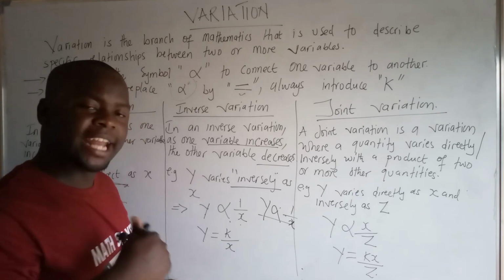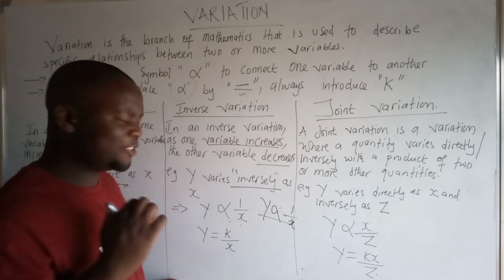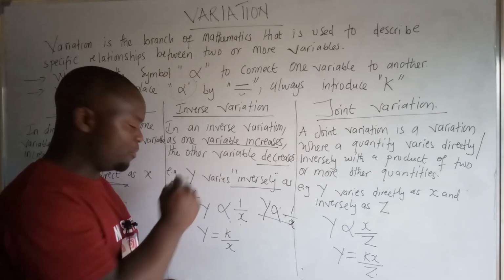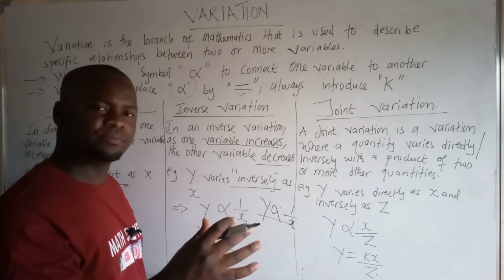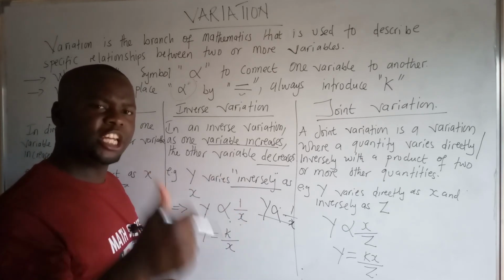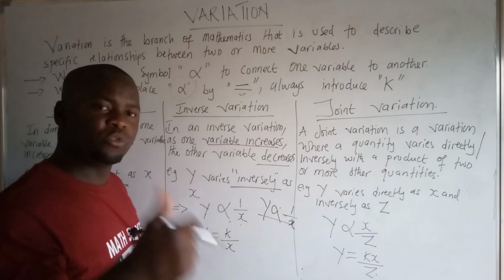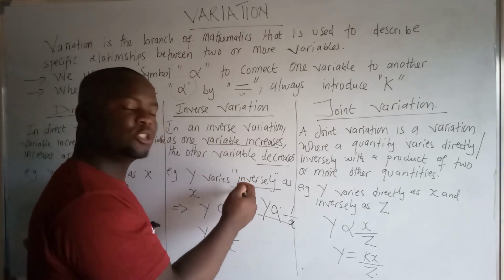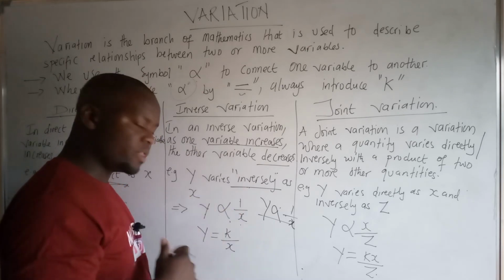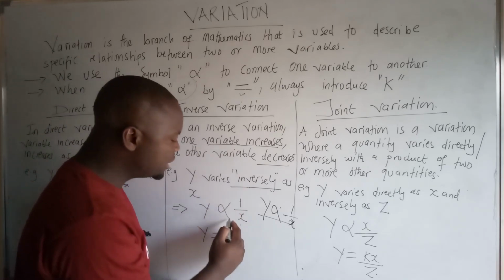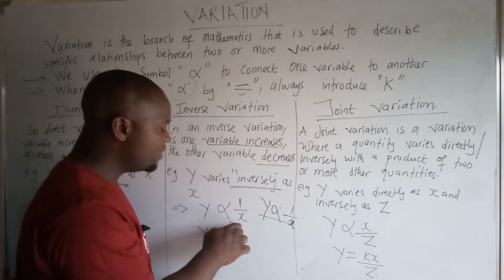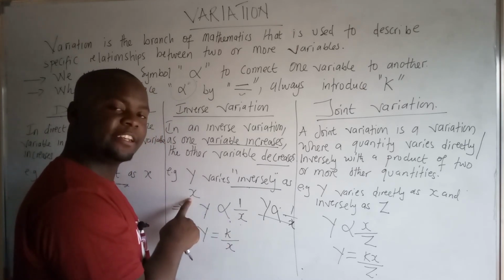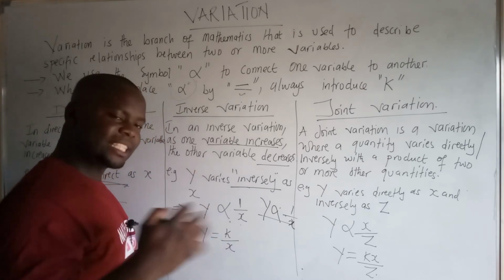Remember that during an exam, don't always expect to have y and x. You'll be given other variables. However, the key word that you need to acknowledge is the word inversely. When you acknowledge this word, you will know that after the proportion symbol, you need to put 1 over the variable that you have been given. All right, let's now continue.